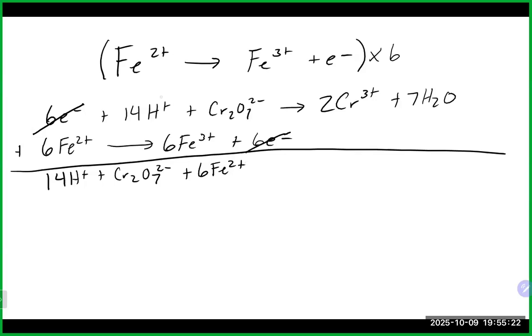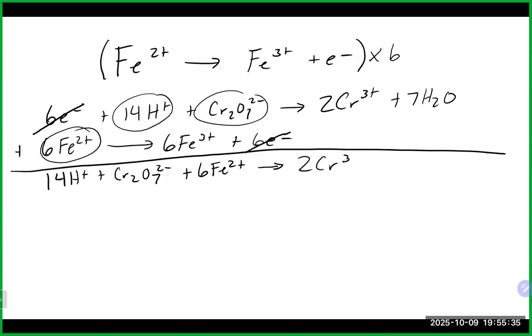That is everything on the left-hand side of both arrows. Now we're just going to put everybody on the right-hand side of those arrows on the right-hand side. That is 2 Cr3+ plus 7 waters plus 6 Fe3+ in this case.